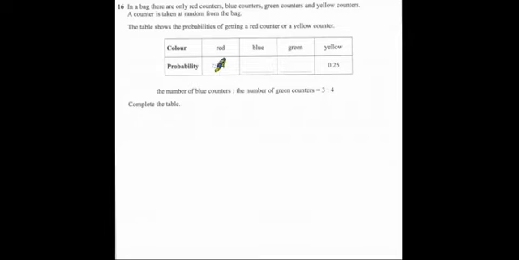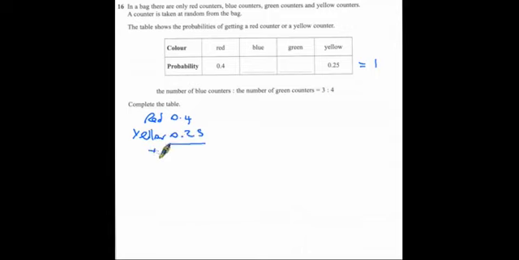We know that when we add up all the possible probabilities in a situation like this, they have to add up to 1 in total. You put your hand into the bag, you will pull out a counter. That is a definite probability. So out of the probability of 1, we have the reds at 0.4 and we have the yellows at 0.25.